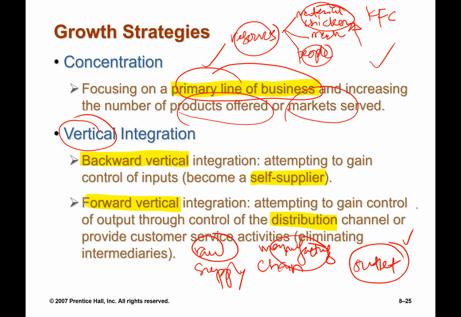If, for instance, they want to secure the outlet as well, they could do that. So this is what we call vertical integration. You control everything from the start of getting the source of the raw product, and then manufacture that product, and then at the end of the day, sell that product.